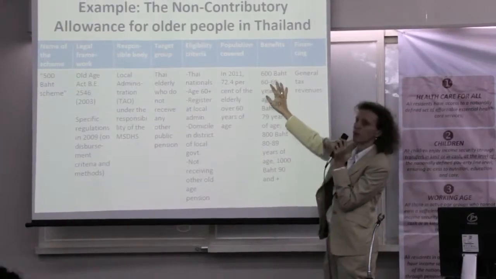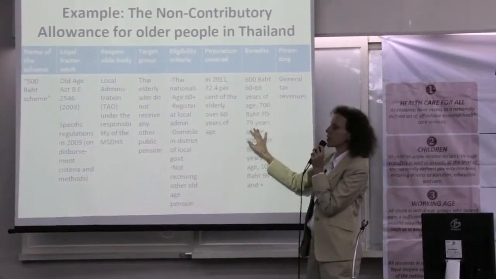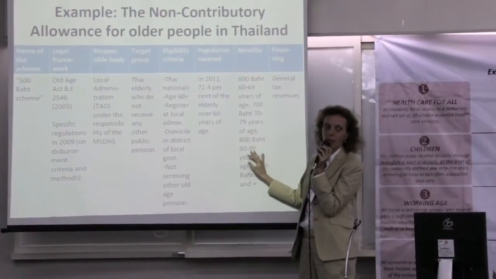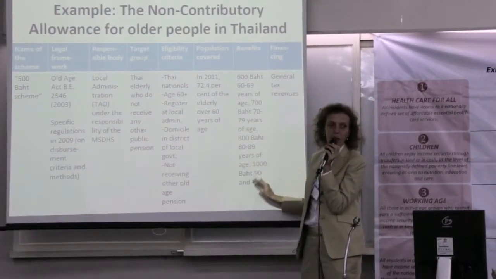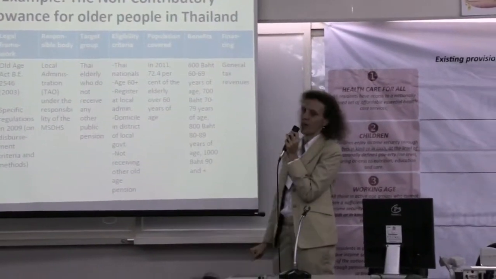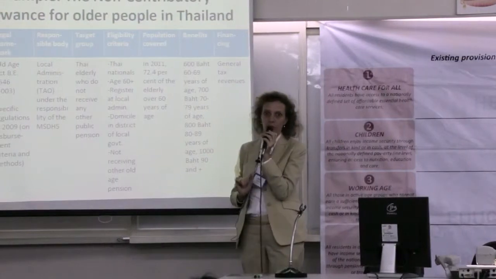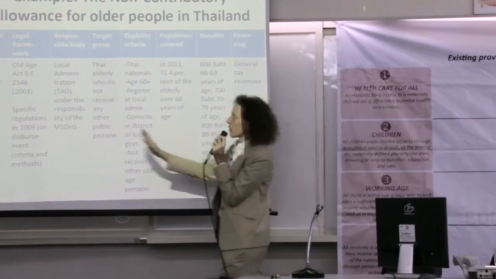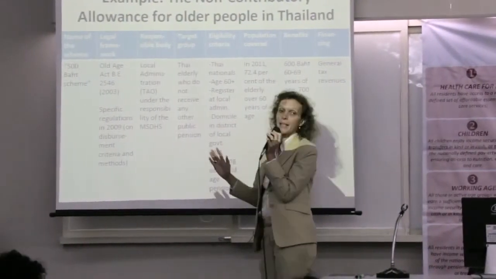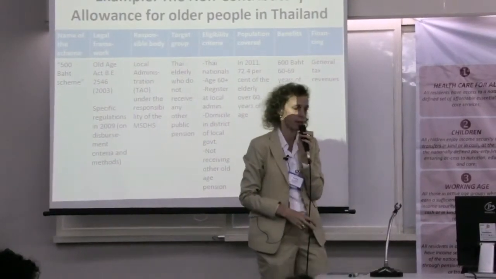Now it's 600 baht when you are 60 to 69, 700 baht when you are 70 to 79, 800 baht when you are 80 to 89, and 1,000 baht if you are above 90 years of age. Yeah? And it's financed by general tax revenues. Okay? Through this kind of table, you can describe any type of scheme. You can also describe social insurance schemes, for instance.